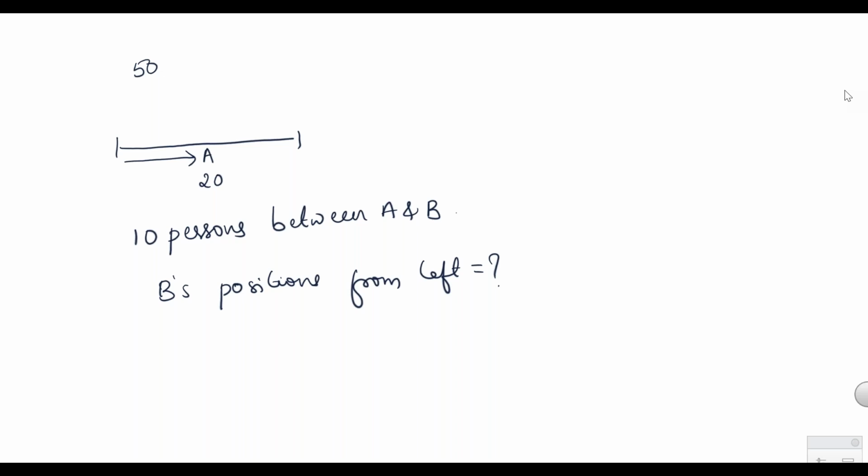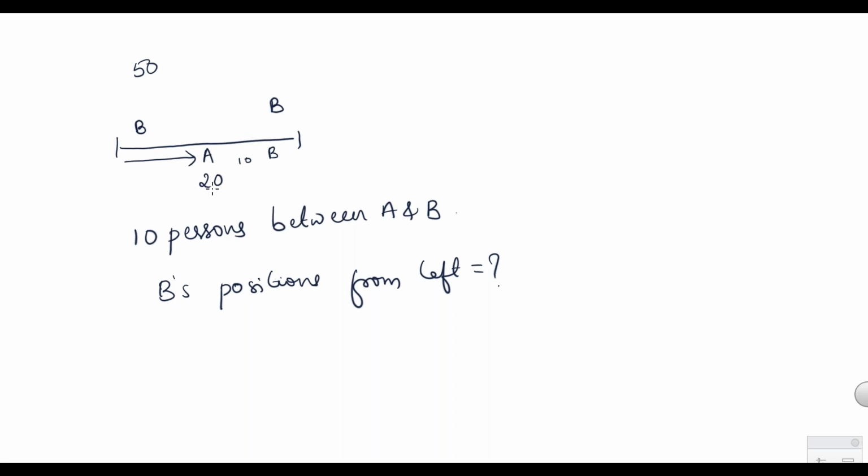Okay. So 10 people are there between A and B. That means there is a possibility B can be on the right of A or B can be on the left of A. We cannot say that exactly. So I'll take two cases. Assume that B is on the right. If B is on the right, between A and B, I have 10 people.